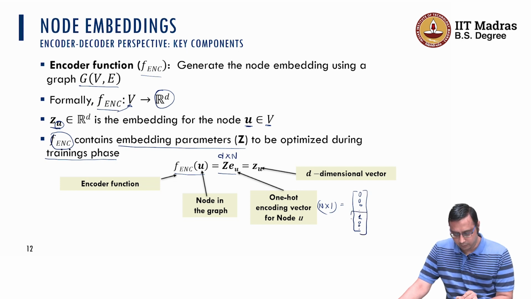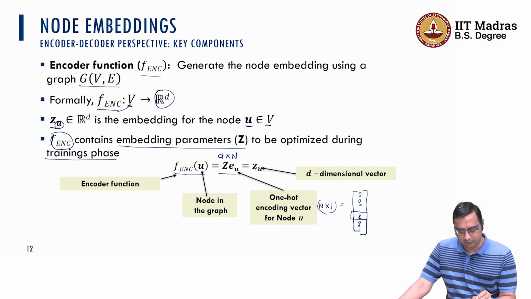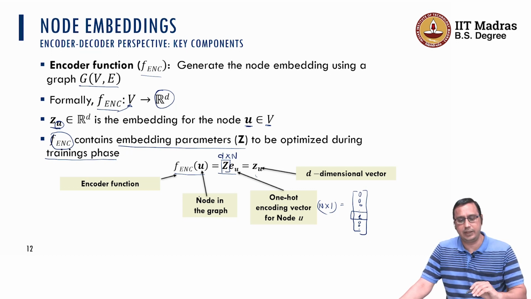So it will have 1 where the node u is present, and then we can get z_u, which is the embedding of node u. So this particular embedding can be extracted by defining this e_u from our learning parameter Z. Z, in certain cases, can be written as n cross d, in certain cases as d cross n. Depending on that, we can choose the parameters.